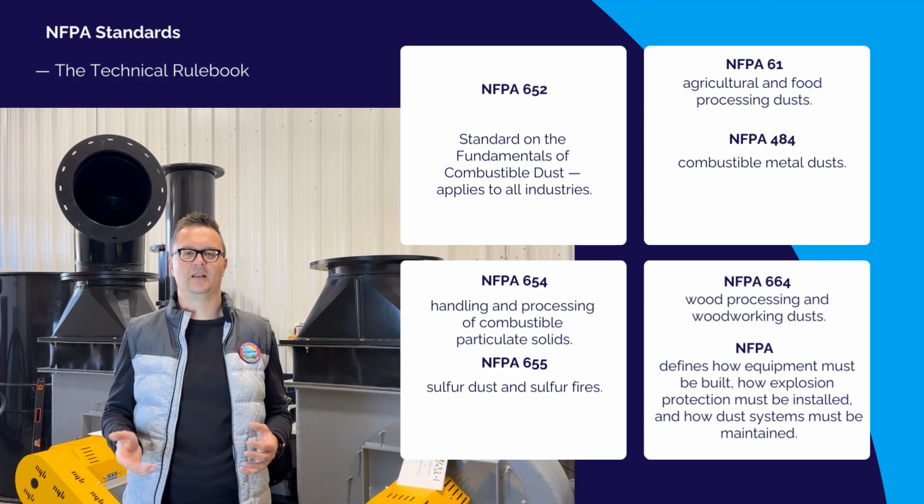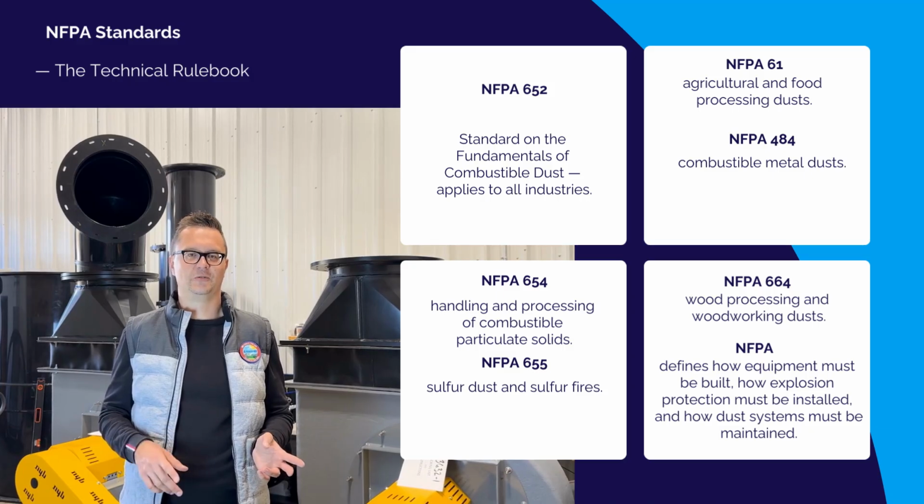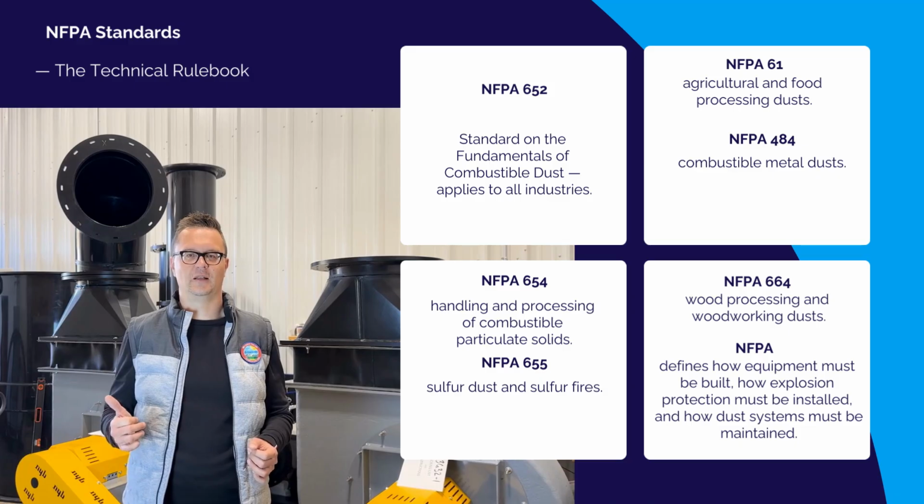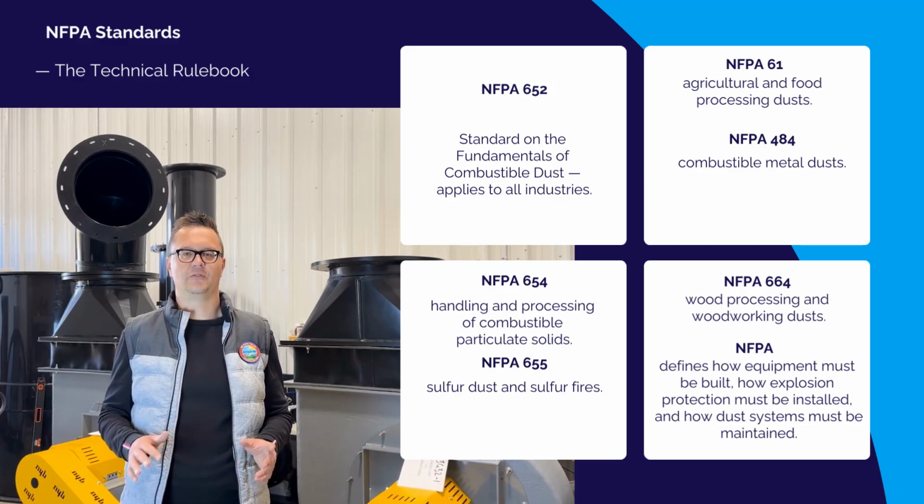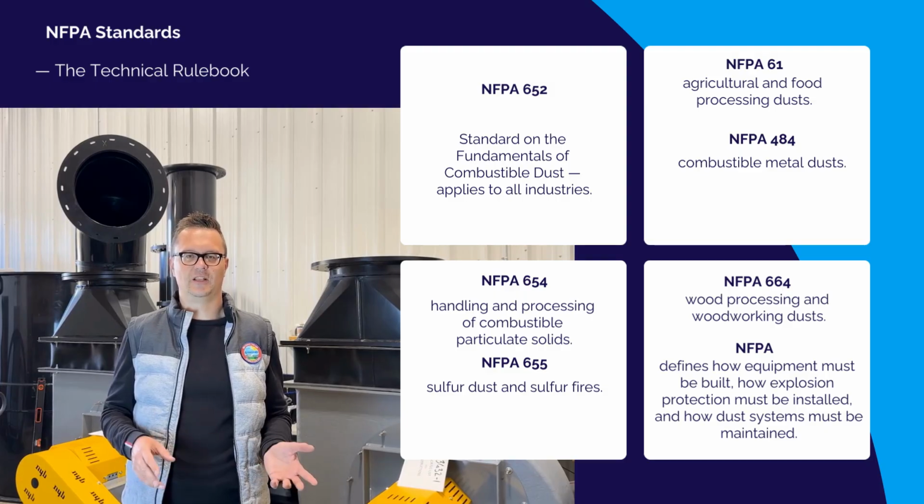Third, NFPA 654, Handling and Processing of Combustible Particulate Solids. Fourth, NFPA 655, Sulfur Dust and Sulfur Fires. Fifth, NFPA 664, wood processing and woodworking dusts. NFPA defines how equipment must be built, how explosion protection must be installed, and how dust systems must be maintained. If you want a compliant, insurable, safe facility, you follow NFPA.